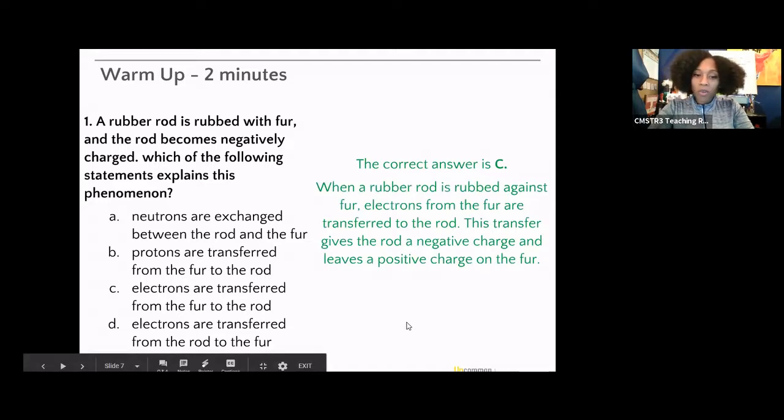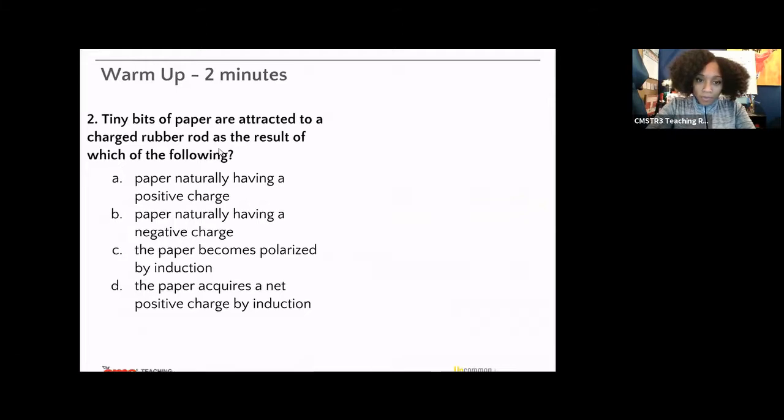I do have one more question, and if you have the poll open, you can see it. Right here, I see one vote has already been cast for it. Tiny bits of paper are attracted to a charged rubber rod as the result of which of the following? So it's similar to the first question, but not exactly the same. Give another minute. Hopefully the poll is still up on your screen.